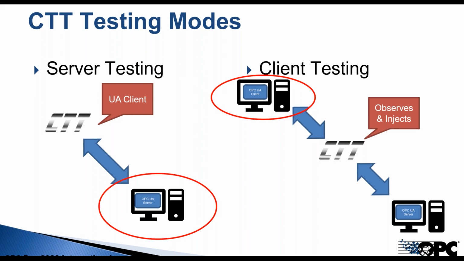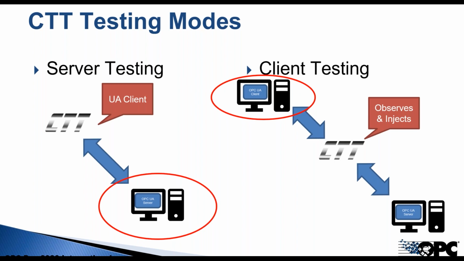The second mode is for client testing, and client testing, unfortunately, is a bit more difficult. The reason for that is that the OPC UA specification requires certain behavior in the application itself. So an automated test rule cannot determine whether the client behaved correctly by just injecting a certain problem. So what the compliance test tool does here is it acts as a man in the middle.